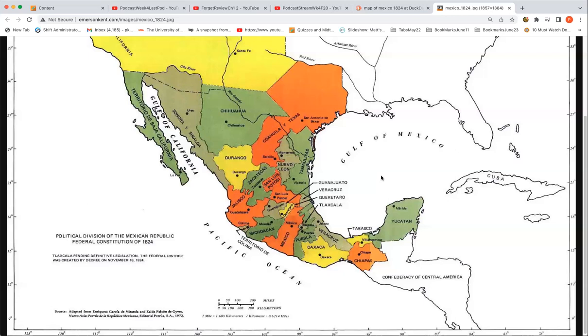So tied to cotton, and I've alluded to this, but let me make it explicit. What we're also seeing beginning during the early 1820s, when Texas now becomes Mexican territory, is the entry of slavery into Texas. There had been just a handful of slaves in Texas before 1821.